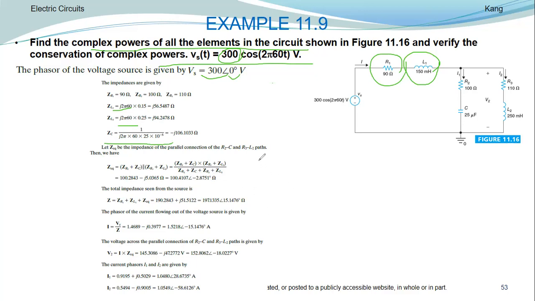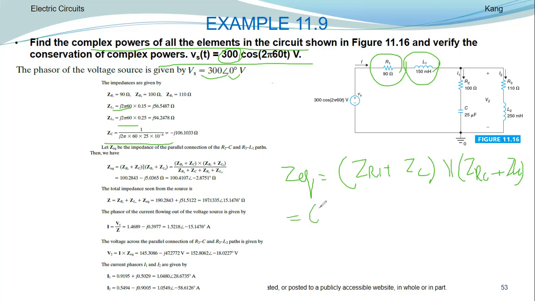Now we have to find the value of the equivalent impedance. So Z equivalent will be equal to ZR1 plus ZC, which will be parallel to ZR2 plus ZL2.